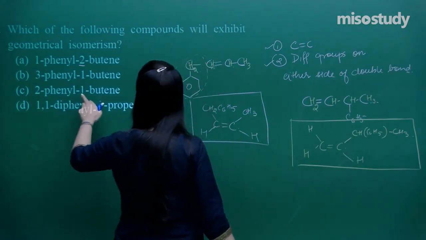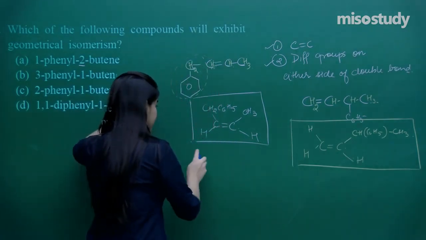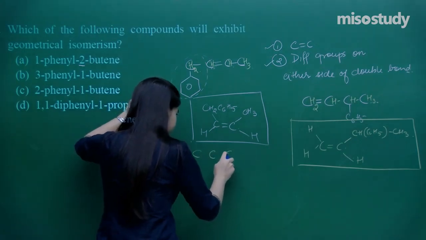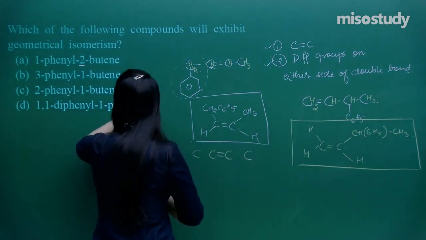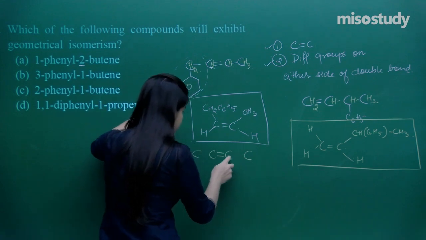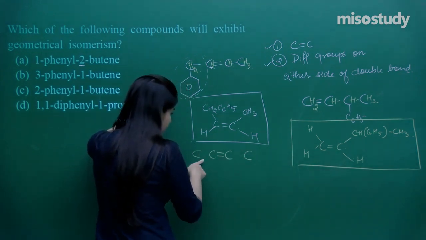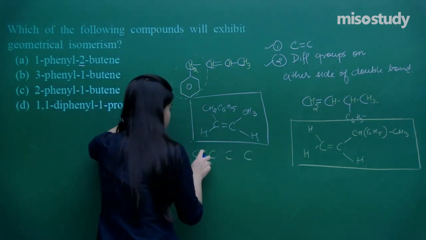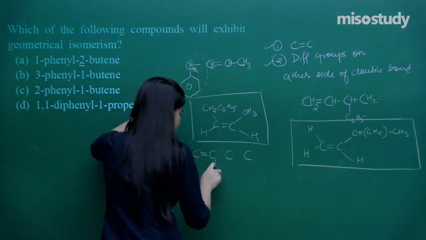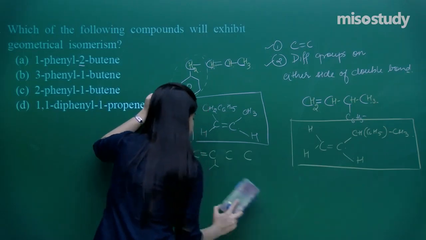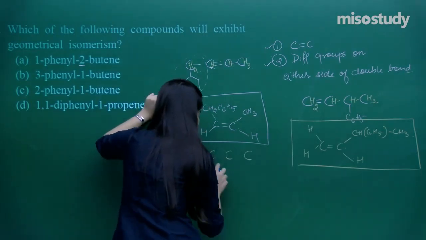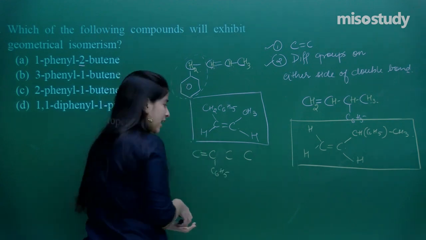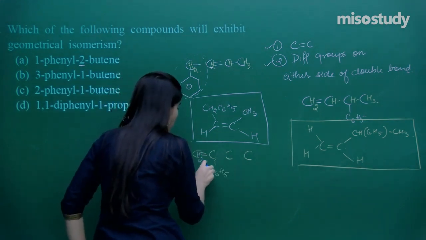What do I have next? 2-phenyl 1-butene. Let's draw that. 1-butene, that means this double bond is arranged over here, and 2-phenyl, that means a C6H5 lying here. Let us complete the hydrogens again. I hope you all are following.